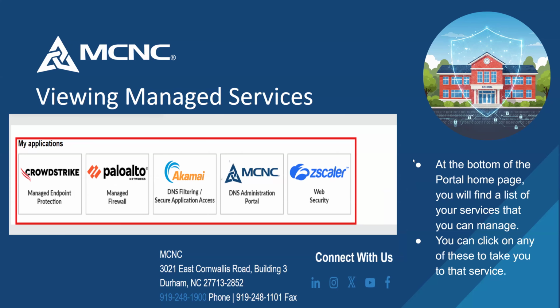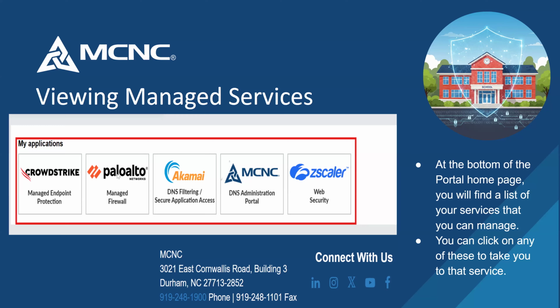So at the bottom of the home page, where you didn't see it was cut off underneath where the favorites was, underneath the favorites shows what your managed service applications are going to look like. Now, you may not have all of these. You may only have one, or you may have a couple.